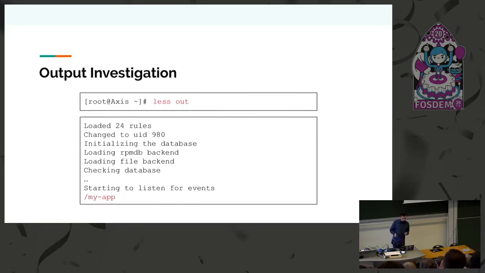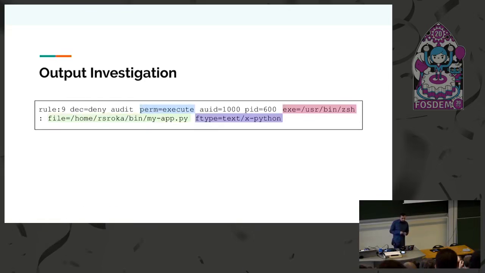We will grep for my app, and we can see that there was an event that is a very similar event as before. It has the same subject, the shell, but the object is different. Now it's my app, and it has a different file type, which is application Python right now, or text Python.